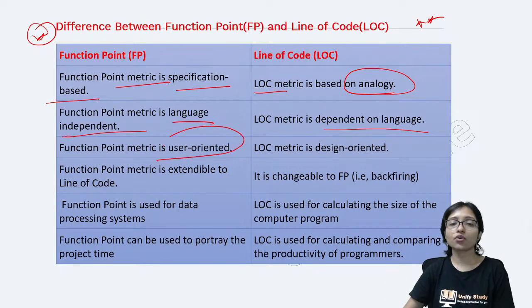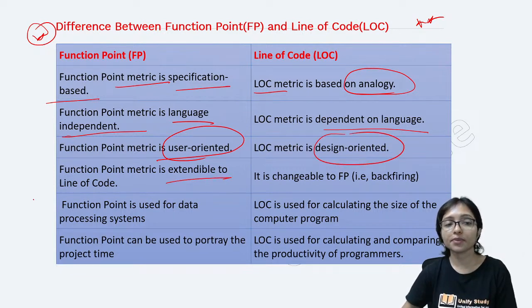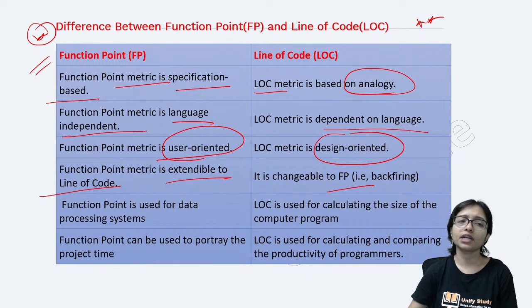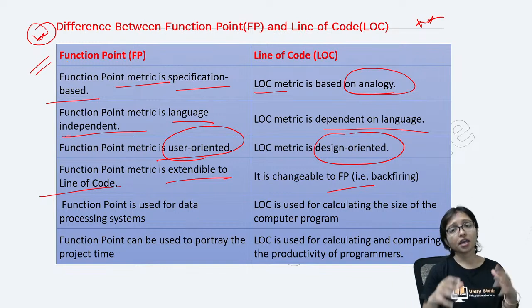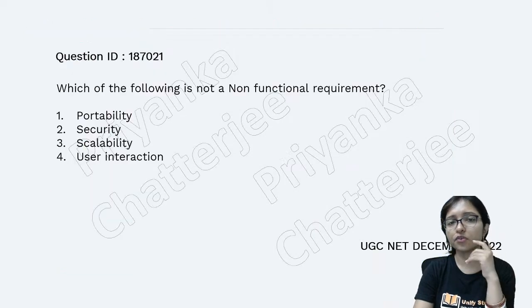Here it is user oriented, it's design oriented. Here it is extensible with the line of code. Here this is changeable with the function point. These are some differences you should understand. When we do the numerical, then it will be more understandable for you.